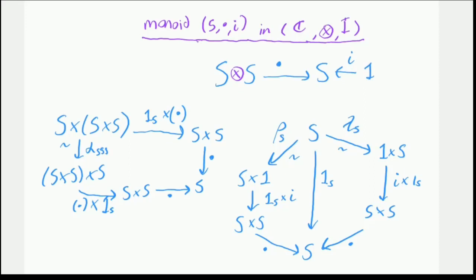So now we're talking about a tensor product, and the 1 is replaced with an I, which is the monoidal unit. And that's pretty much all we have to do.